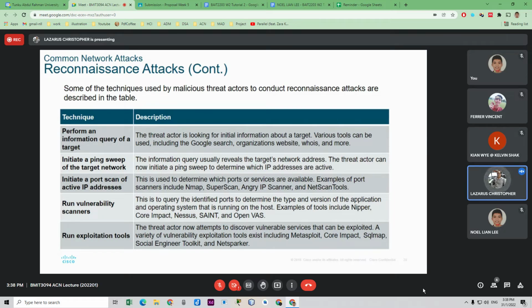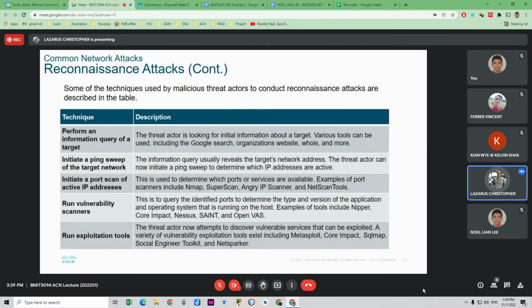You can see from recon, it helps me to find out all the vulnerabilities. That means find out all your topology, your PCs, or all the IP addresses. Then I do a port scan to identify services open. Then I run vulnerability scanners to check whether for that particular service there is a vulnerability available.